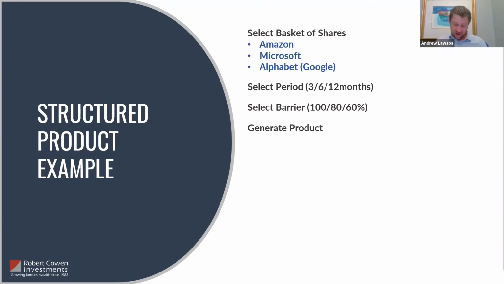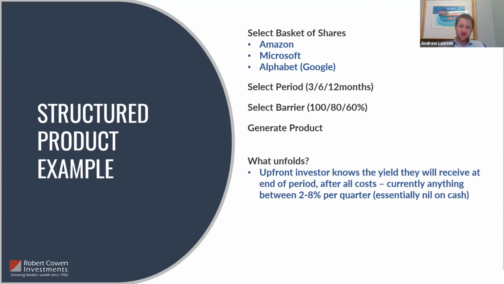And this is all done online. You would log into a platform, you can select any shares, so it's not specific to only something that's being provided by a company that has a vested interest in this. You can choose any basket of shares, select virtually any period that you'd like, and any kind of barrier that you'd like, and you generate a product. What it does is the product essentially buys and sells options in the background, and it gives you an upfront yield that you would receive at the end of the period.